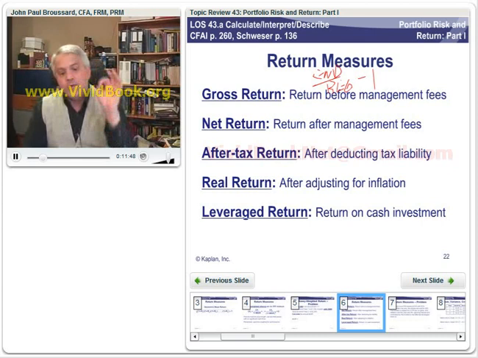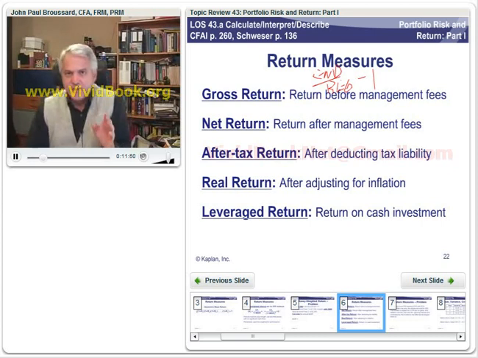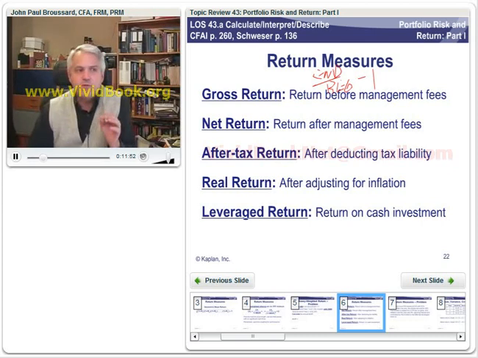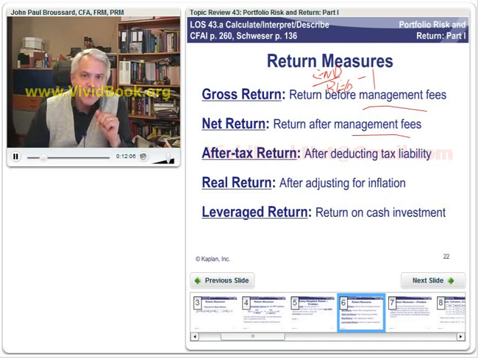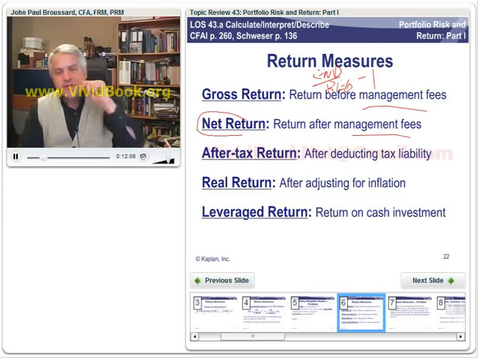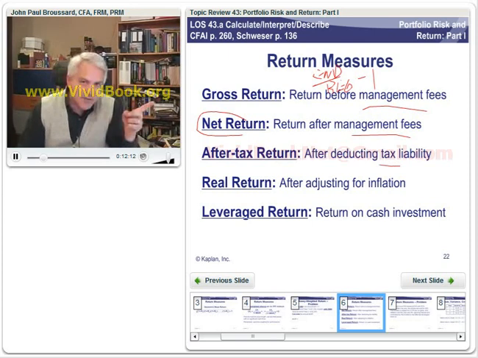Now, what we're doing from a portfolio perspective is that we're going to subject, or possibly subject, the portfolio to various fees. The gross return is that raw return before we subtract management fees. We take that gross return and subtract management fees and we get the net return. Then when we take that return and take taxes away, we get the after-tax return. The real return, we adjust for inflation.